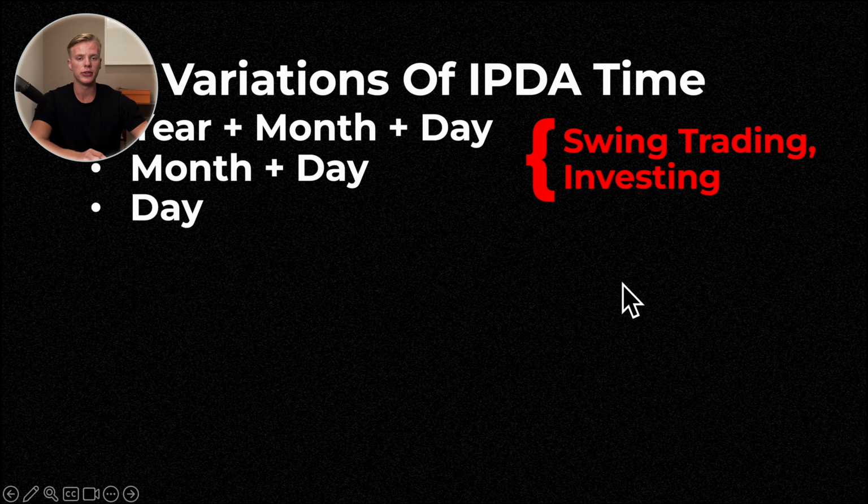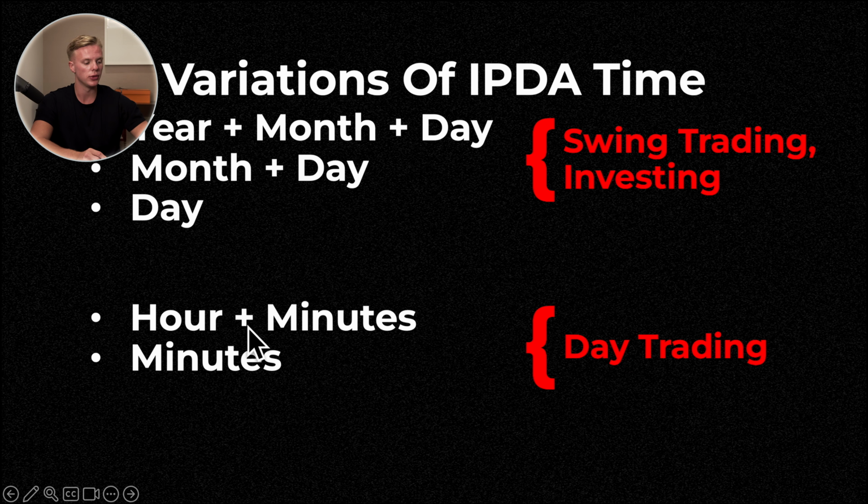If you are into day trading, the following times get paid attention to. You pay attention to the hour plus the minutes, and you pay attention to purely the minutes. And as you dive into the charts, what you will notice is that key market reversals oftentimes occur at one of these different variables.